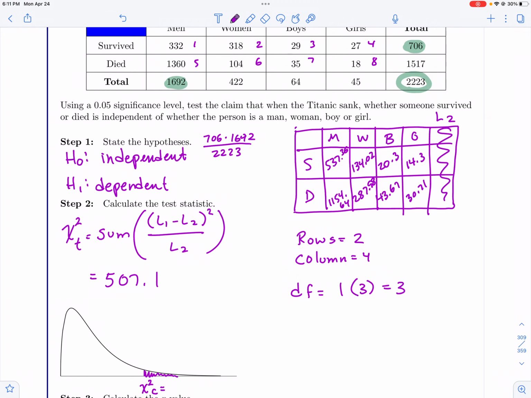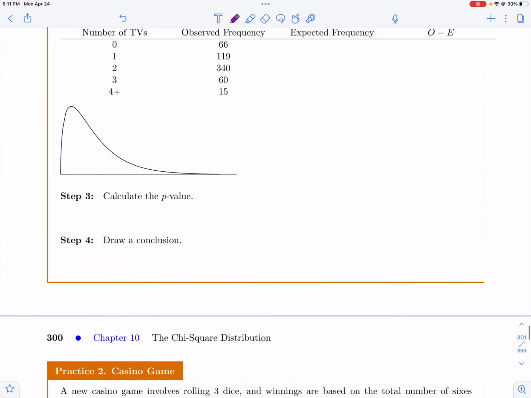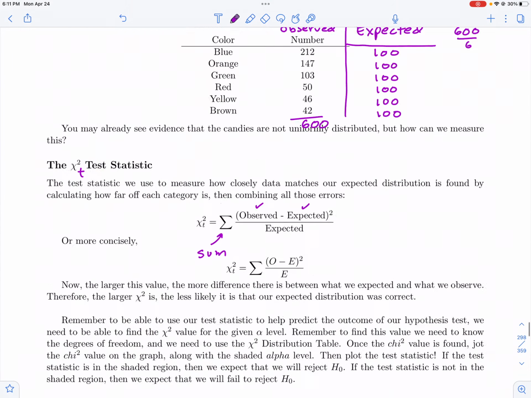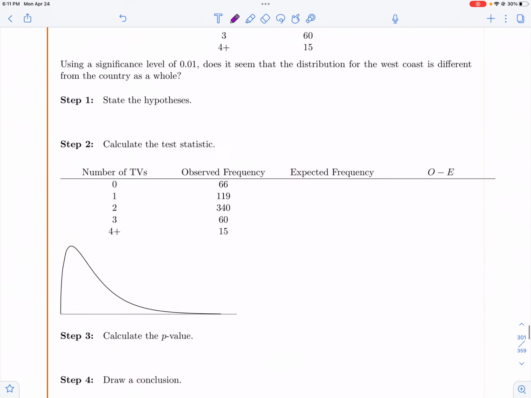So if we flip back to our table, we've got our alpha of 0.05, so with the degrees of freedom of 3 is going to give us a 7.815 for our chi-squared comparison, so 7.815.